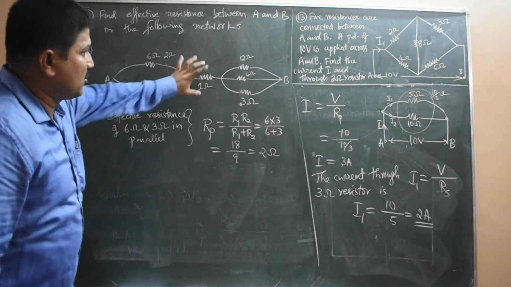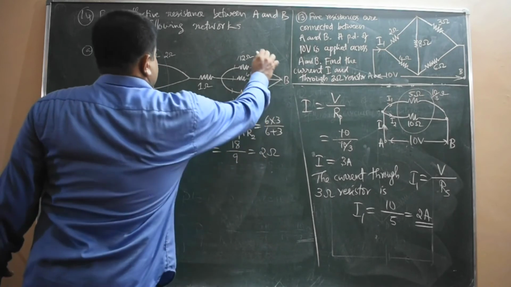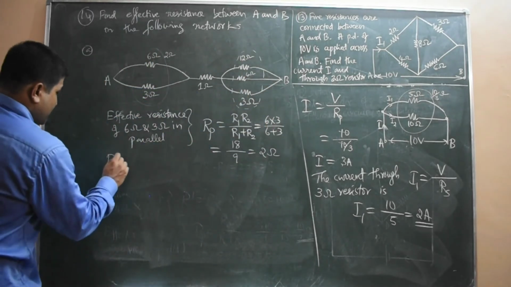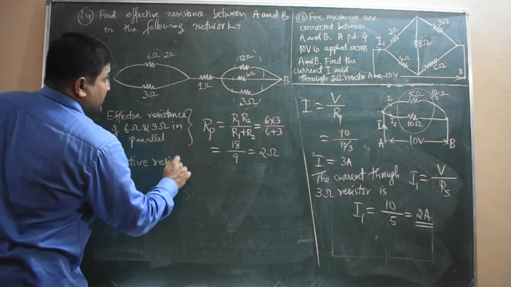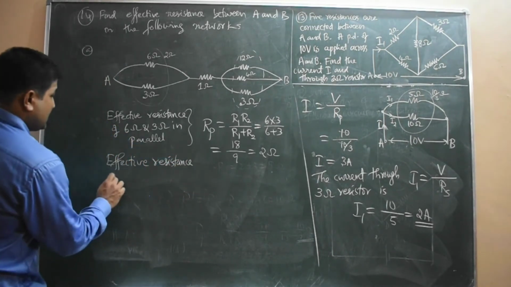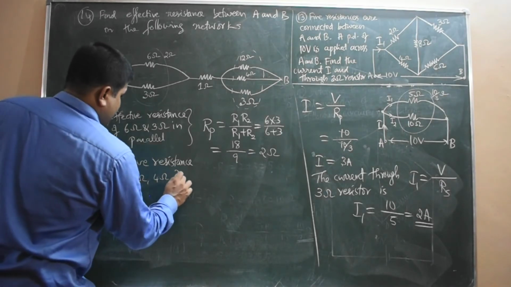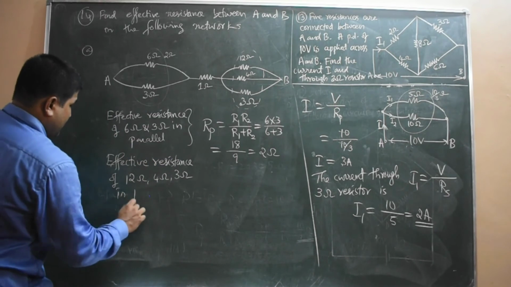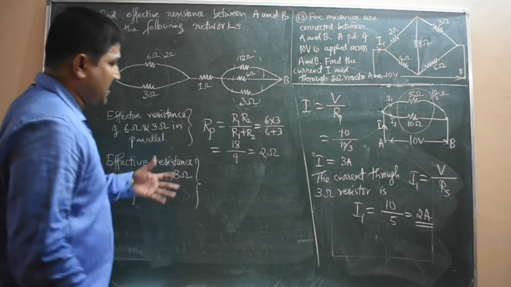And here 1 ohm resistor is there. And now effective resistance of these three resistors in parallel, that is 12 ohm, 4 ohm and 3 ohm in parallel. There are three resistors, so we cannot use the formula with only R1 R2 terms.